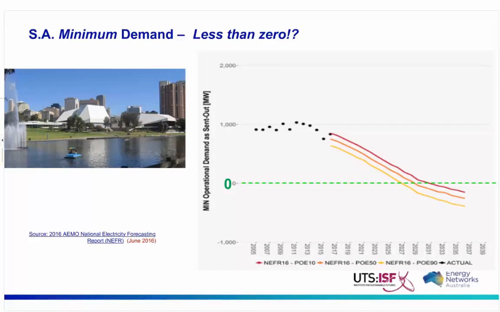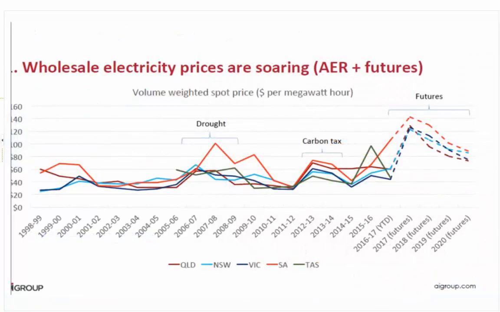So these shifts in demand patterns are one of the major challenges that we face in the decade or two ahead. But it's not the only challenge. We've also seen quite a dramatic increase in electricity prices over the last little while, driven to a large degree by the closure of those 10 coal-fired power stations that I mentioned.